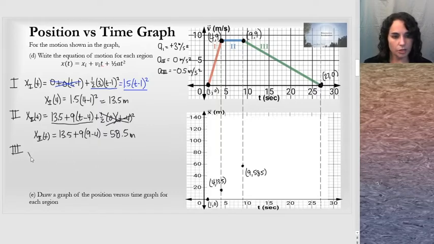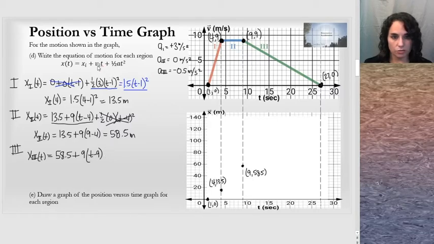I'm going to keep moving along and write out the final region's position as a function of time. Well, its initial position is 58.5. Its initial speed, again, is 9. And I'm starting at 9 seconds. So I'm going to take into account that I'm shifted over 9 seconds by subtracting it here. So I have plus 9 times (t minus 9).